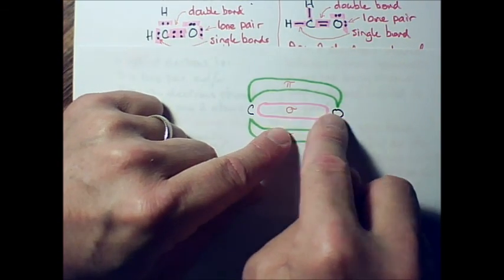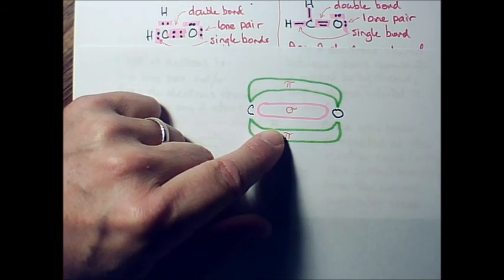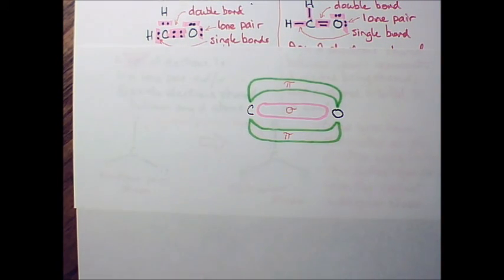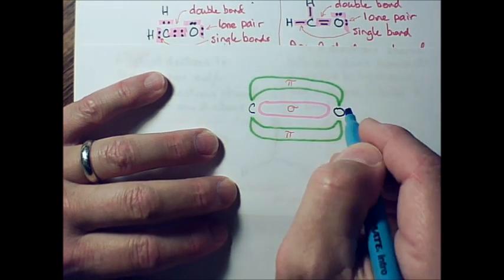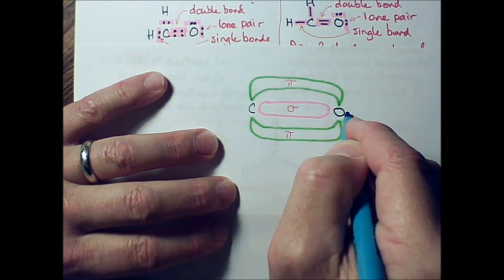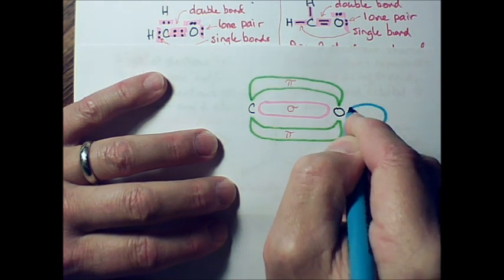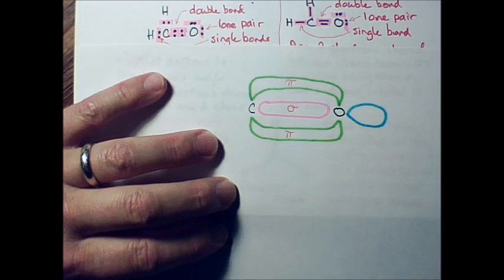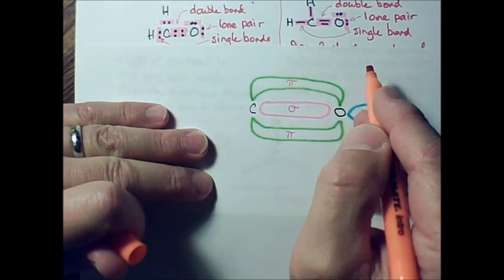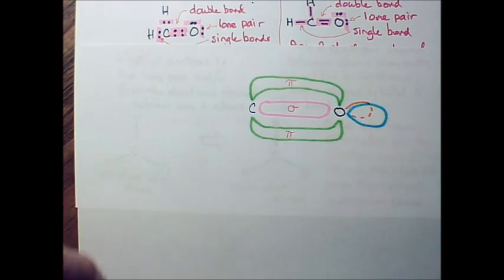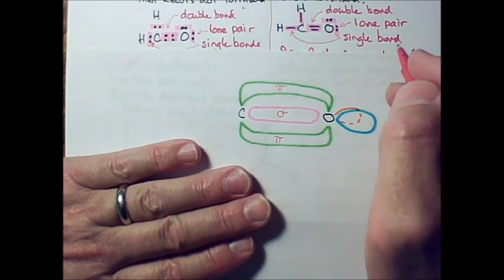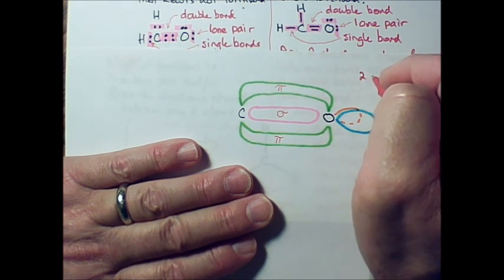The two lone pairs also want to be as far apart as they can be from these electrons. So the two sets of electrons are going to be in hybrid orbitals, one that's swinging out toward you and one that is swinging back away from the paper. Okay?